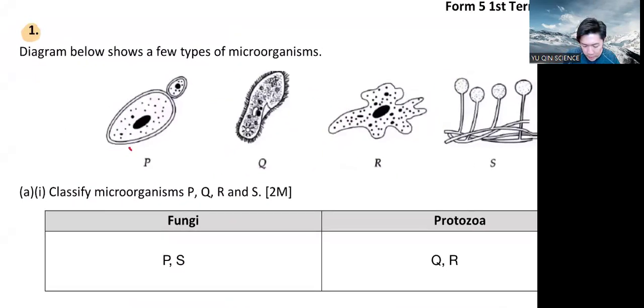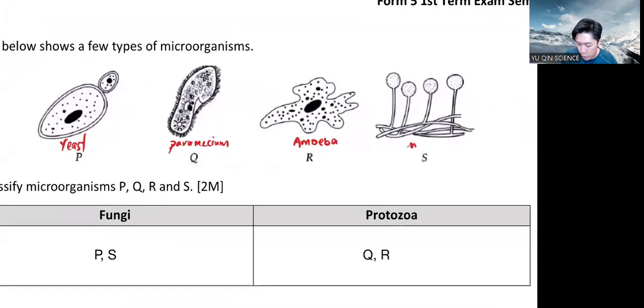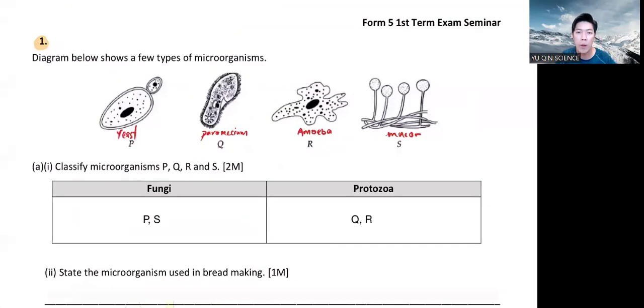So the first one is yeast. And this is paramecium. This is amoeba. This is mucor. Of course, they belong to a group, right? So that's what the question is asking. Classify into the group. So fungi is yeast and mucor, right?